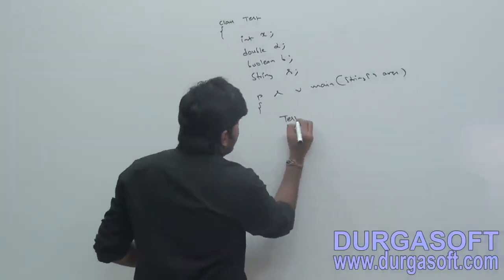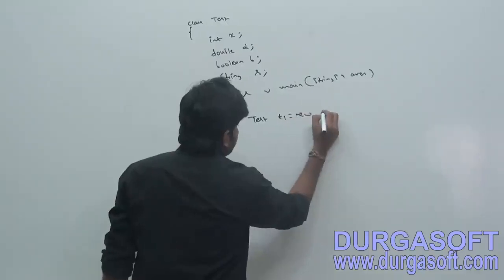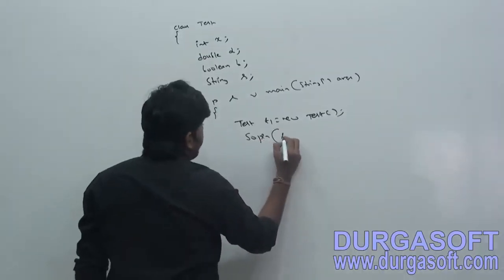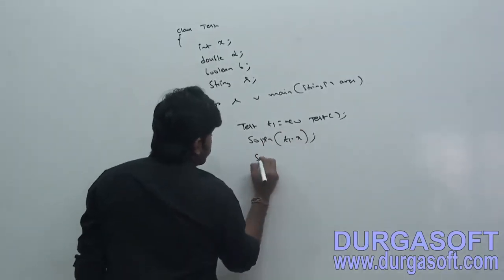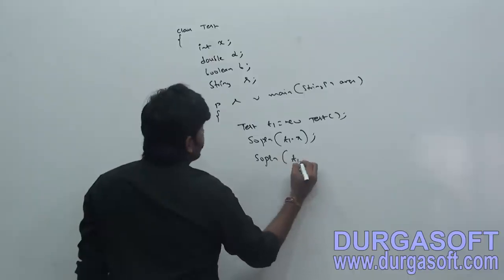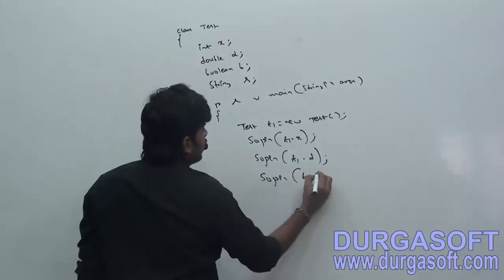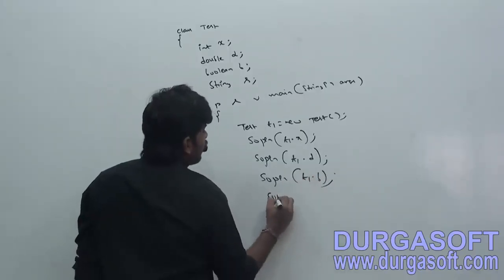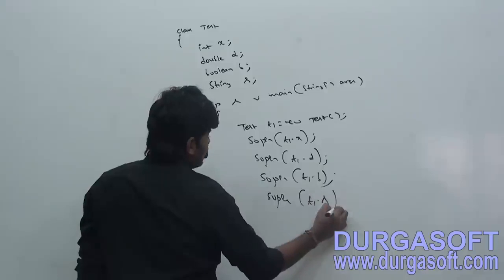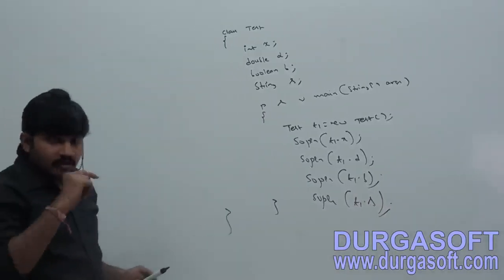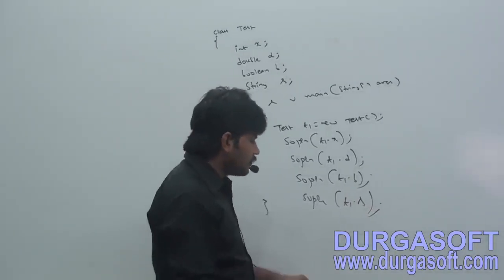Now let me create an object. Test t1 is equal to new Test, SOP t1.x, SOP t1.d, SOP t1.b, SOP t1.s. Can you tell what is the output by default we are going to get?